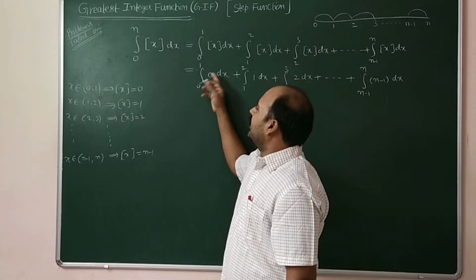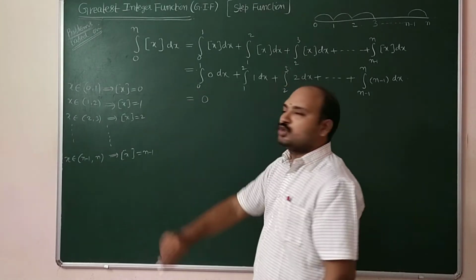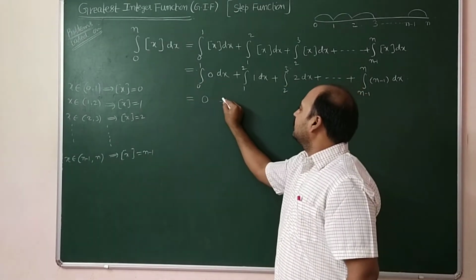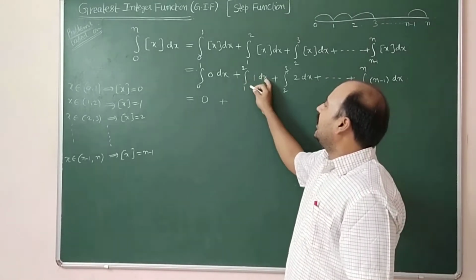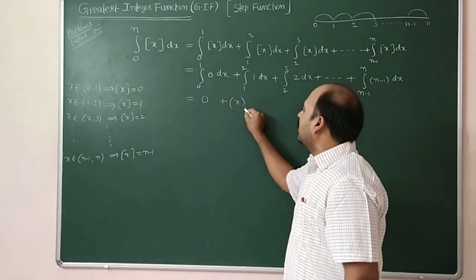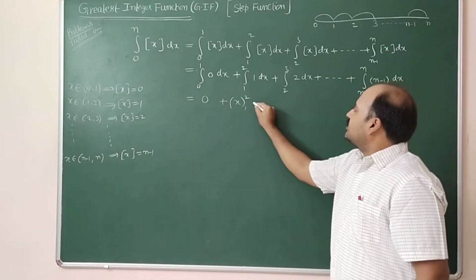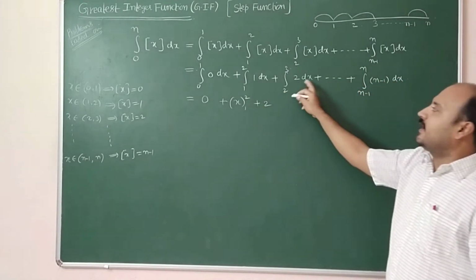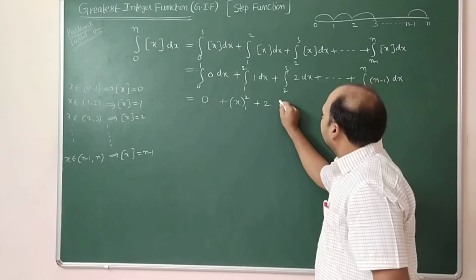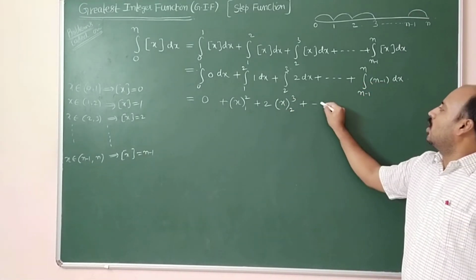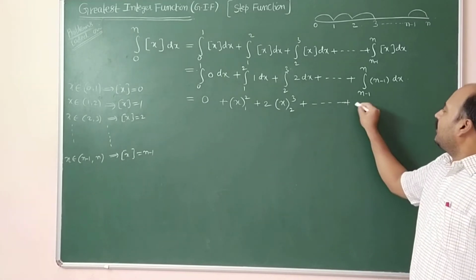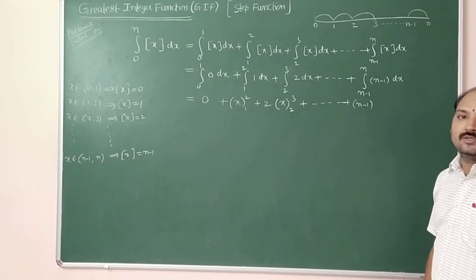0 into dx, 0 into anything is 0, so the first integral value goes to be 0, plus one constant we can take outside, 1 into integral dx is x, applying the limits 1 to 2, plus 2 constant we can take outside, integral dx is x, applying the limits 2 to 3, plus and so on. n minus 1 is also constant.